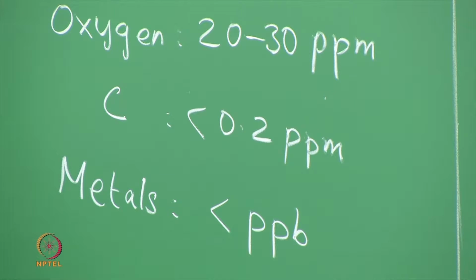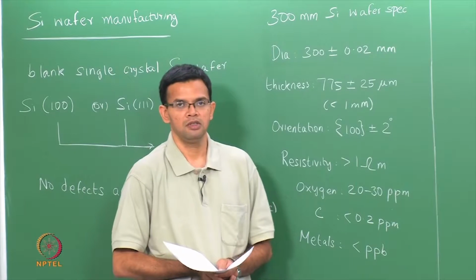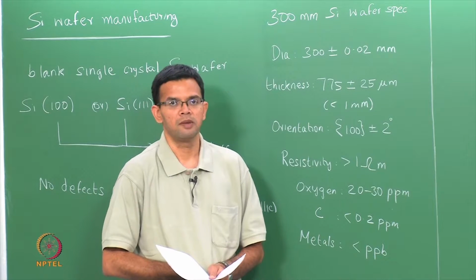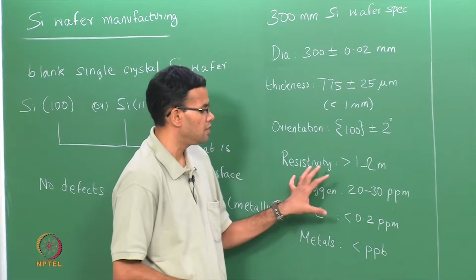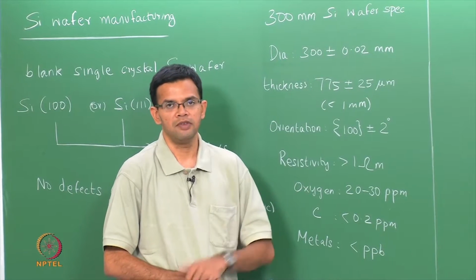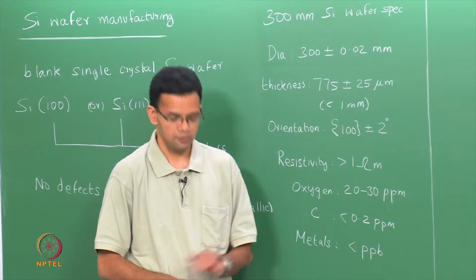So this is a typical specification for a 300 millimeter wafer that is used in the fab. So we need to make this starting from the silicon ore. We now look at the various processes that go through it.